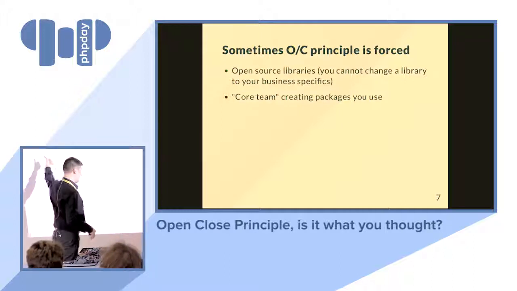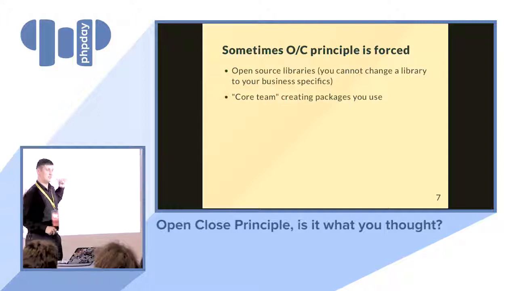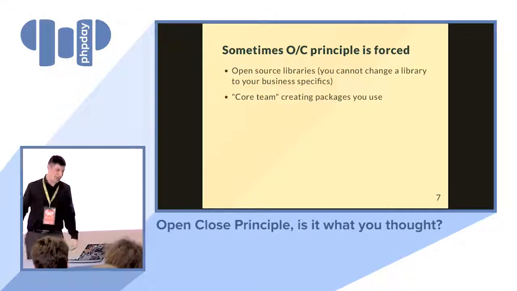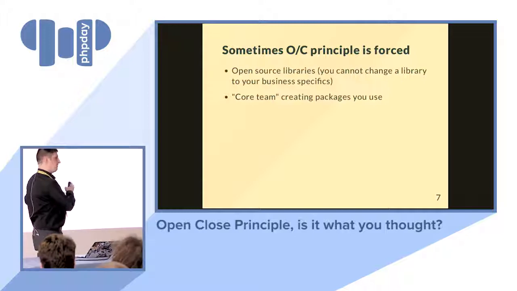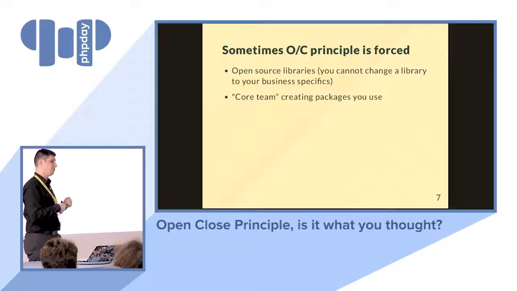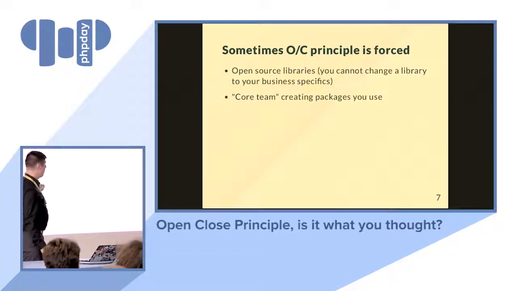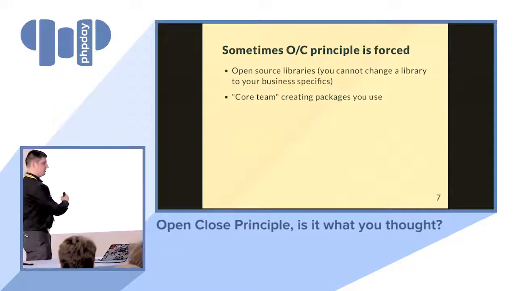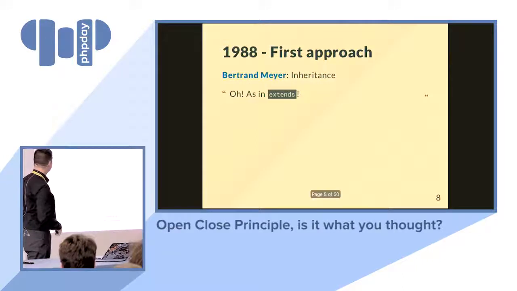But if you have a core team, most of the time there are problems of egos and this won't ever change. So that's what you have, and in your own code, you can't change anything, basically.